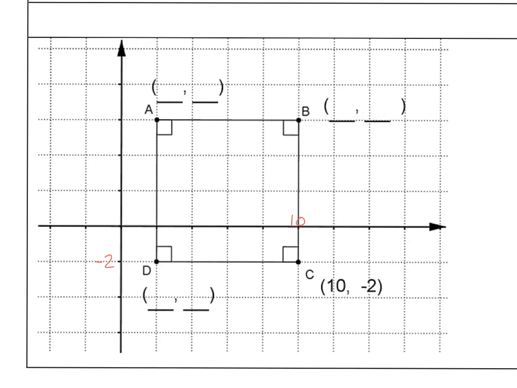So we've got 1, 2, 3, 4, 5 boxes equivalent to 10 units. So our scale here is 10 divided by 5, which is 2 units per division. And also in the y dimension, you can see that we're 2 units per division. All right, so fair enough.